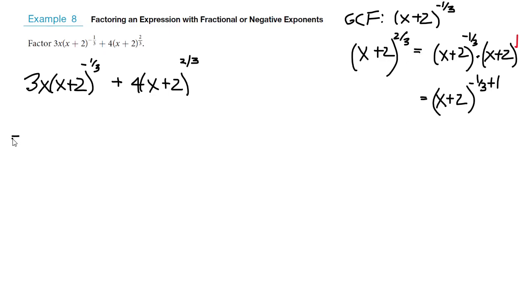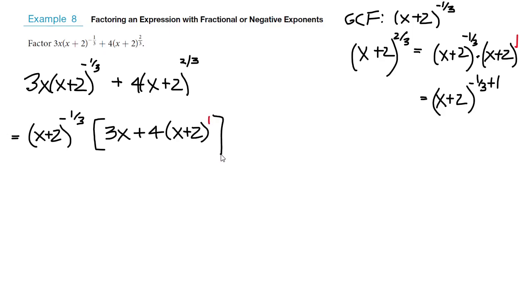So what we have here is, let's pull out the greatest common factor, (x plus 2) to the power negative 1/3. And now what we're going to get is 3x, and now we will have 3x plus 4 times (x plus 2) to the power 1, which we would normally just think is there, isn't it?